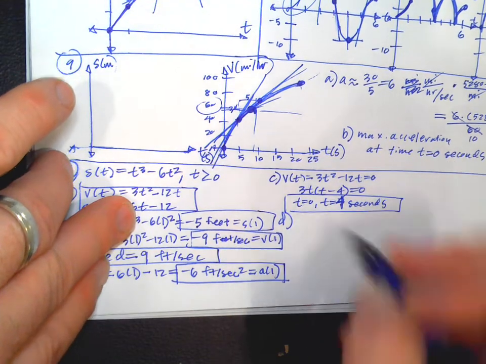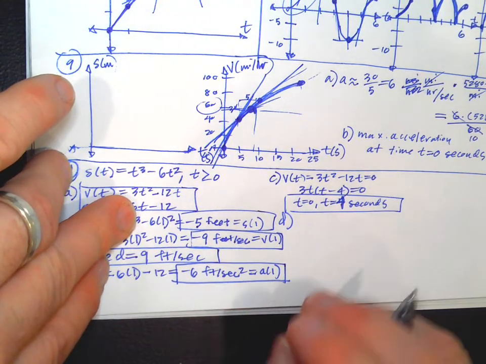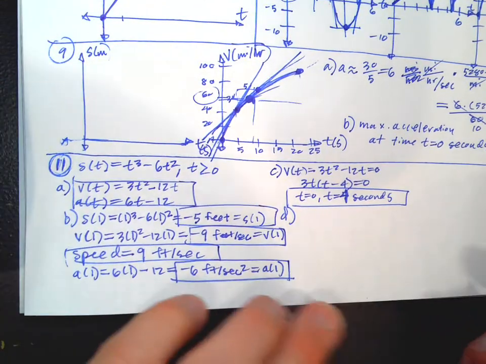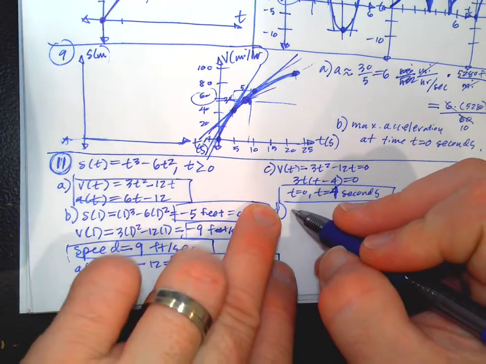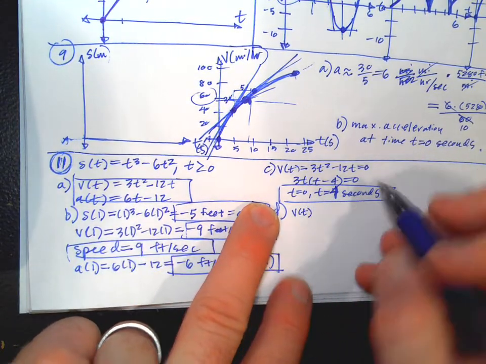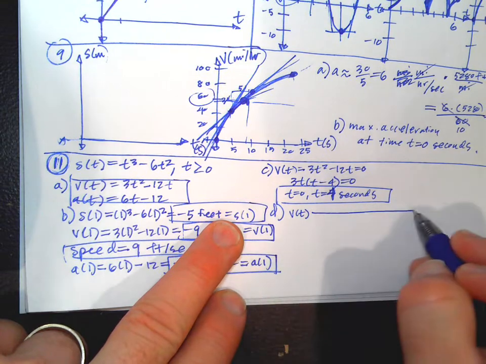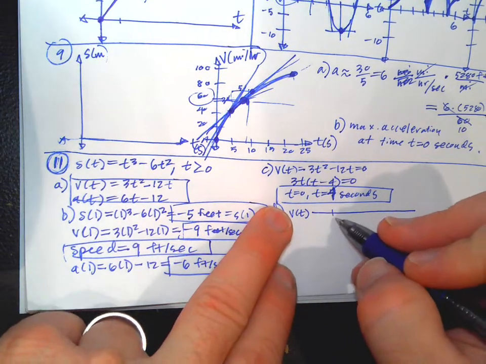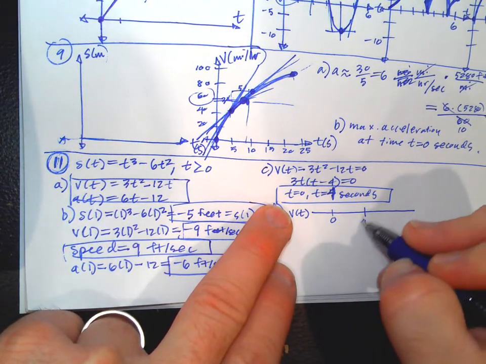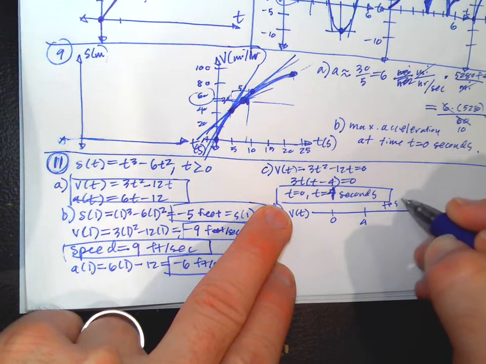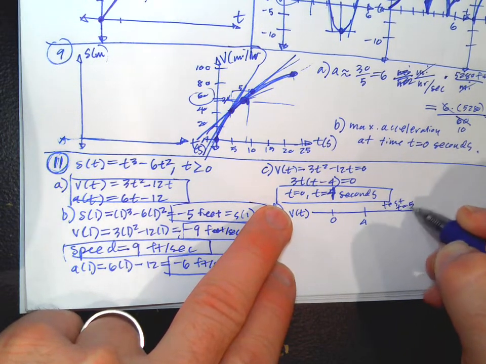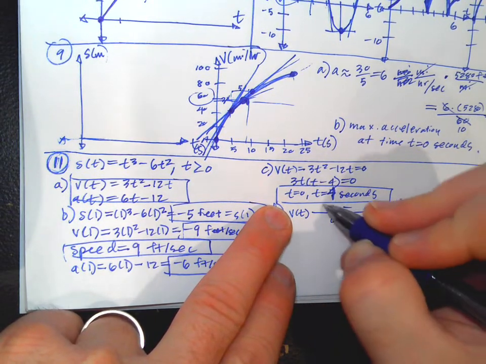D says, when is the particle speeding up, slowing down? The best way to do this is line checks of velocity and acceleration. It depends on the sign of velocity and acceleration relative to each other. So we put the velocity zeros, 0 and 4, on there. Test the time t equals 5: positive, negative, positive.